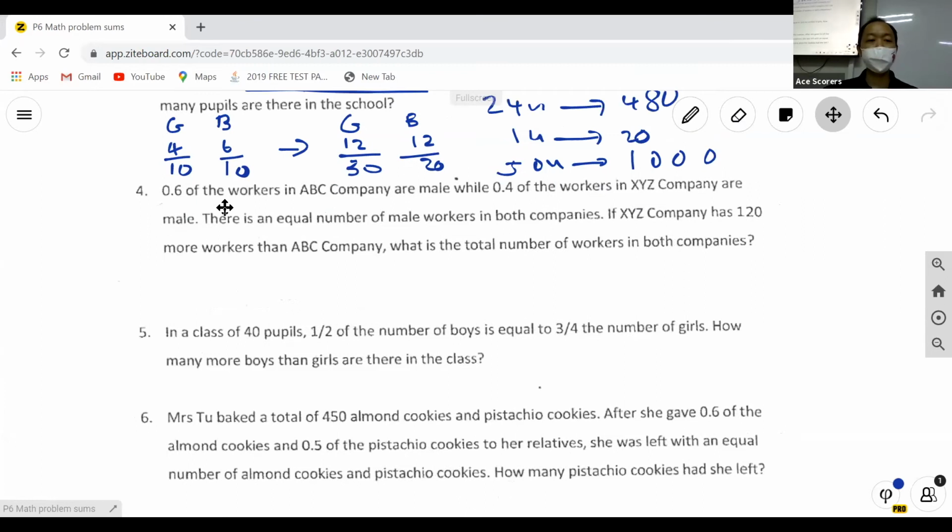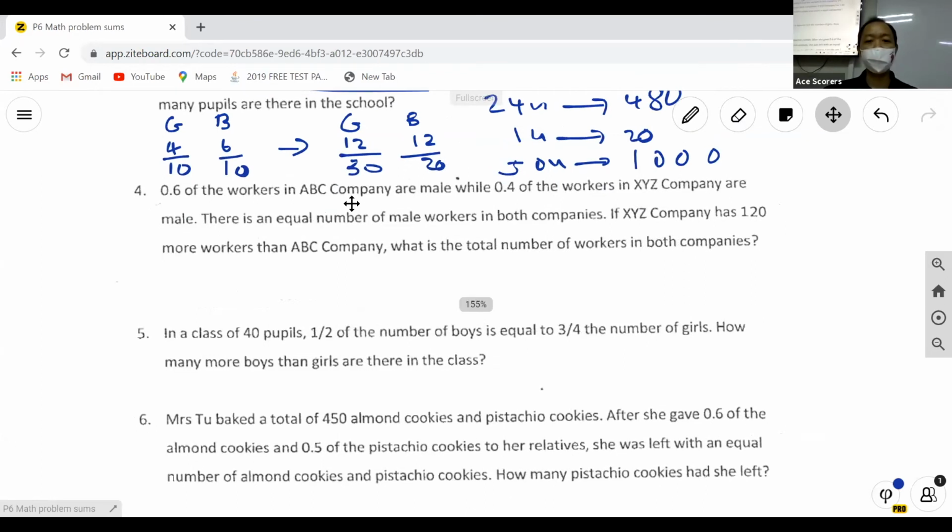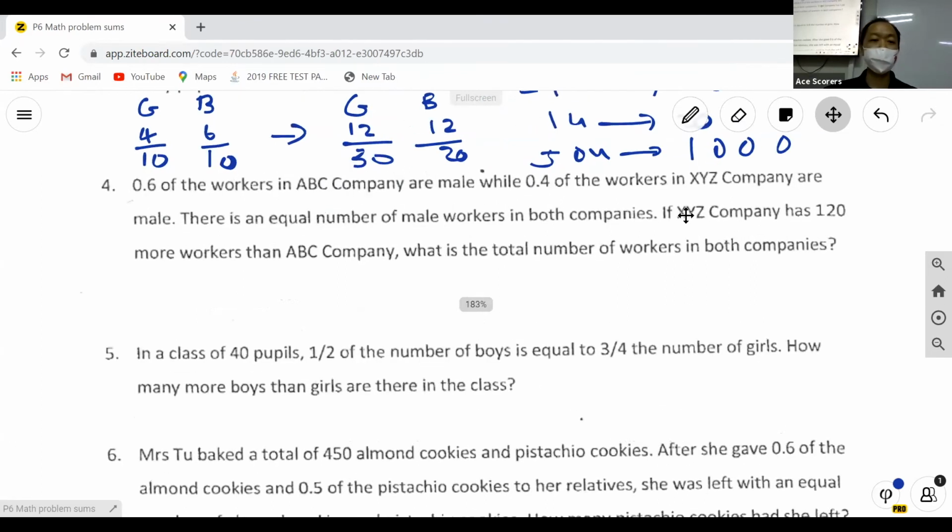It says 0.6 of the workers in ABC are male, 0.4 in XYZ are male. It's an equal number of male. So my 6 over 10 should be equal to 4 over 10, which I will make into 12, right? 6 over 10 and 4, 12, so for ABC, the number of males are 12 over 20.